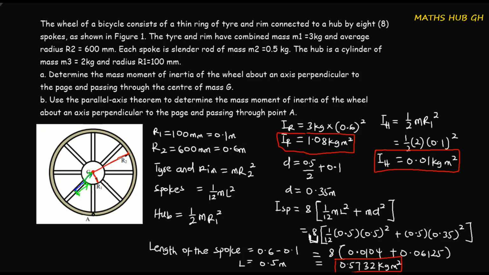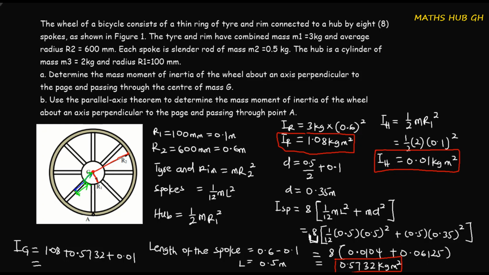So we are going to have Ig to be equal to 1.08 plus 0.5732 plus 0.01. So let's simplify this and see. 1.08 plus 0.5732 plus 0.01.